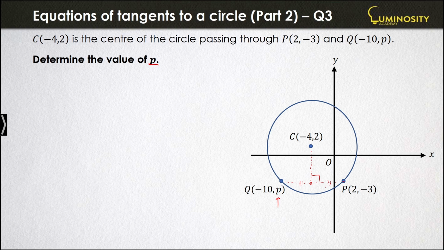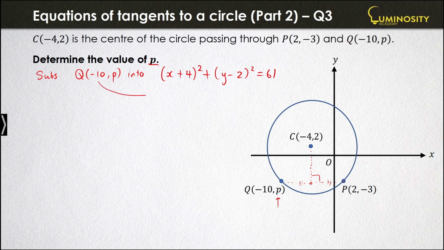So what we're going to do is use the equation of the circle and find the possible values of p. We're going to substitute the point Q, (-10, p), into the equation, which was (x + 4) all squared plus (y - 2) all squared equals 61.